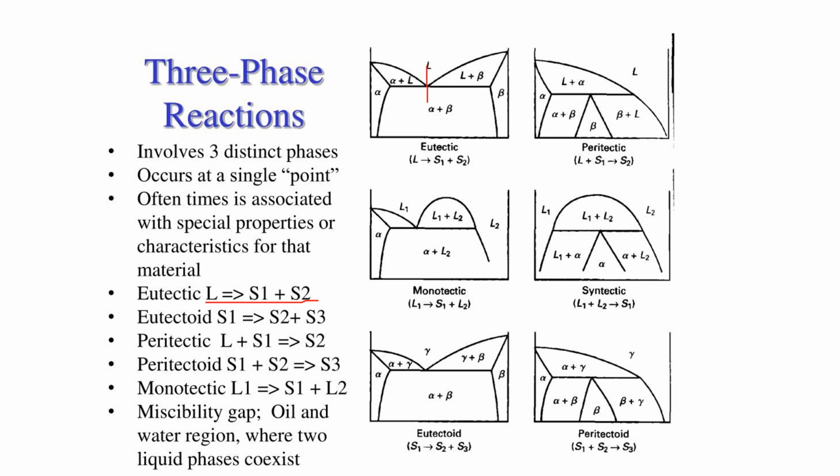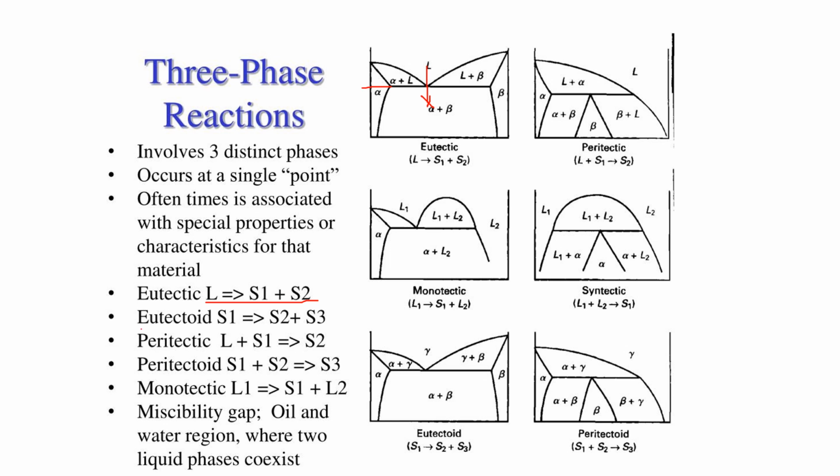Once the isothermal temperature line is crossed, the liquid is transformed into two solids. So this is the eutectic point. What will be a practical example of this eutectic reaction? Students need to find out, because it was discussed in the last slide presentation.